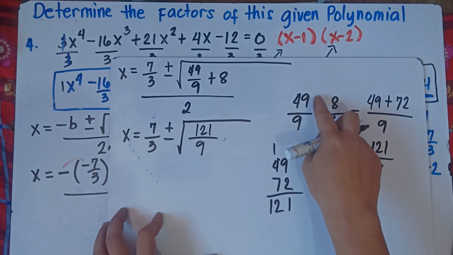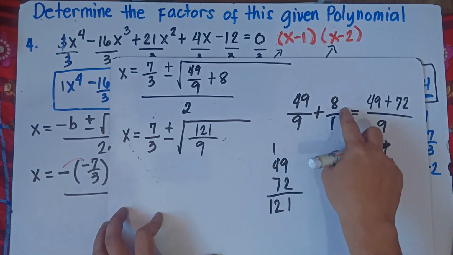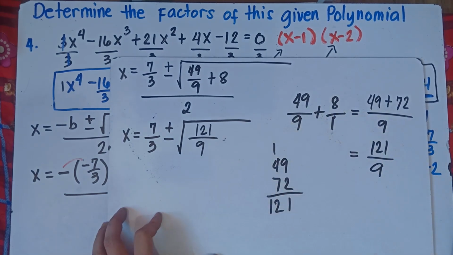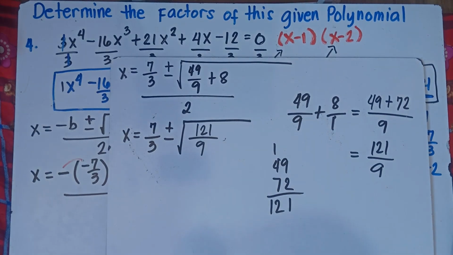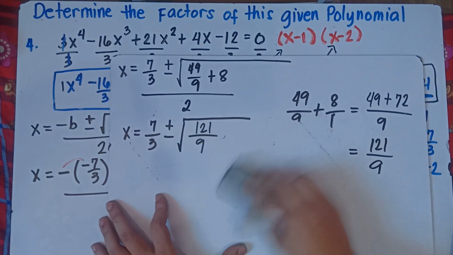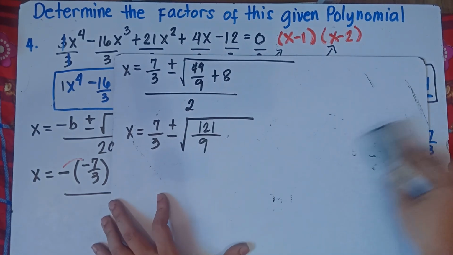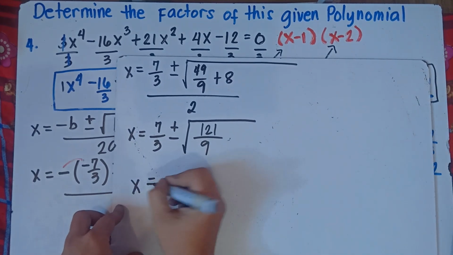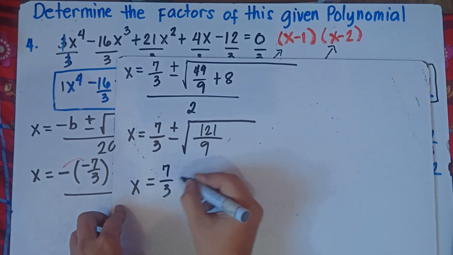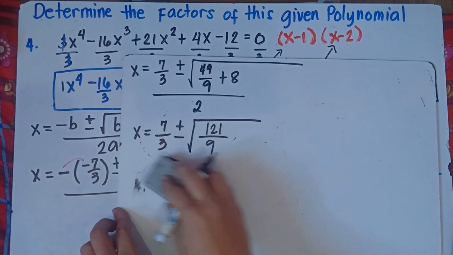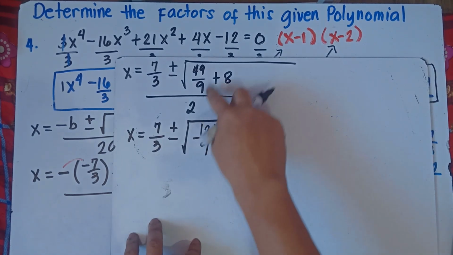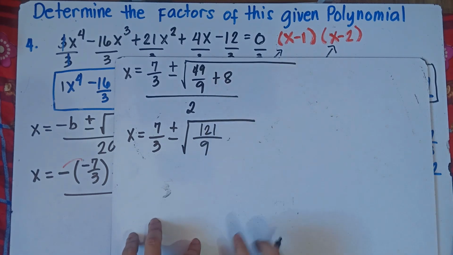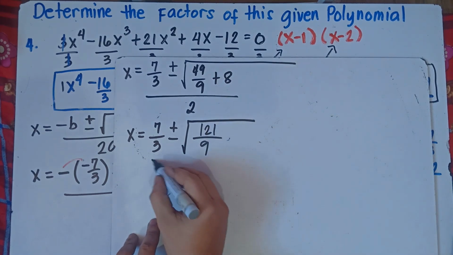Once again, 49 over 9 plus 8, the answer is 121 over 9. Alright, so x equals 7 over 3, and you still have over 2, class. Do not forget.